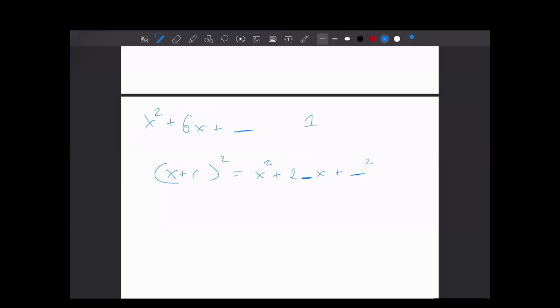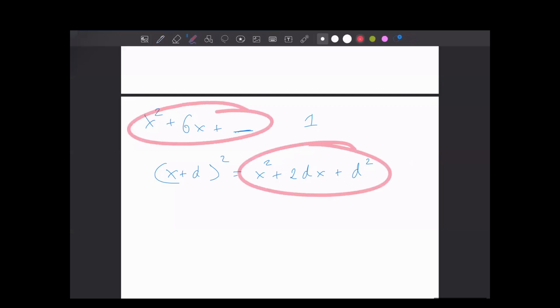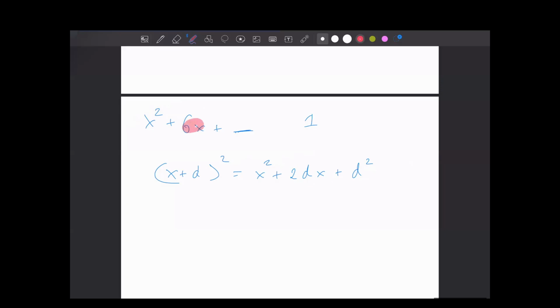If I call this x plus d, it expands to x squared plus 2dx plus d squared. If we want this to equal this, we need 6x to equal 2dx, and the term we want to add is d squared. That's the magic term. If we have this d squared term, then our quadratic will factorize exactly into what we want here.